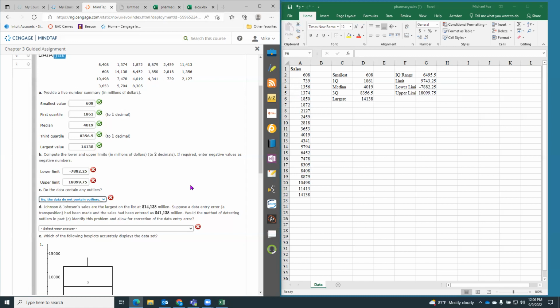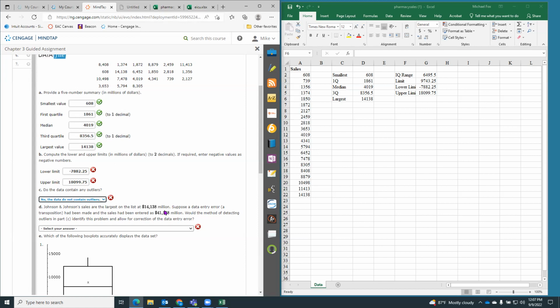D says Johnson & Johnson's sales are the largest on the list at 14,138 million or 14 billion, right? 14.138 billion. Suppose the data entry error had been made and the sales had been entered as 41,138. Would the method of detecting outliers in part C identify this problem and allow for the correction of the data entry error?